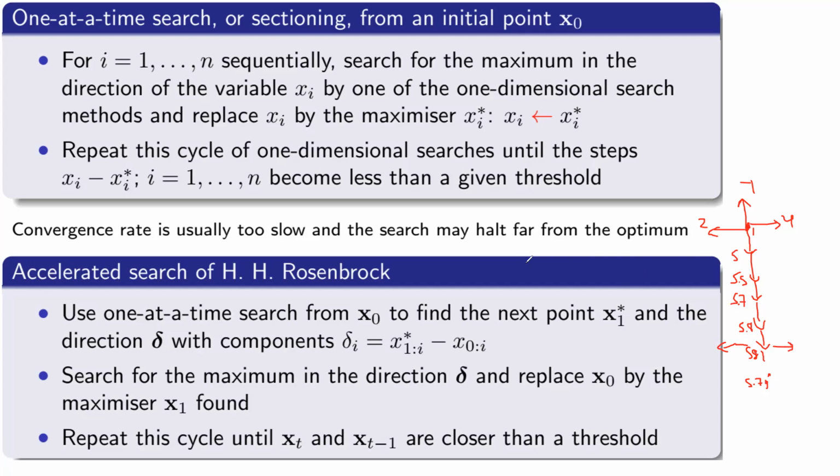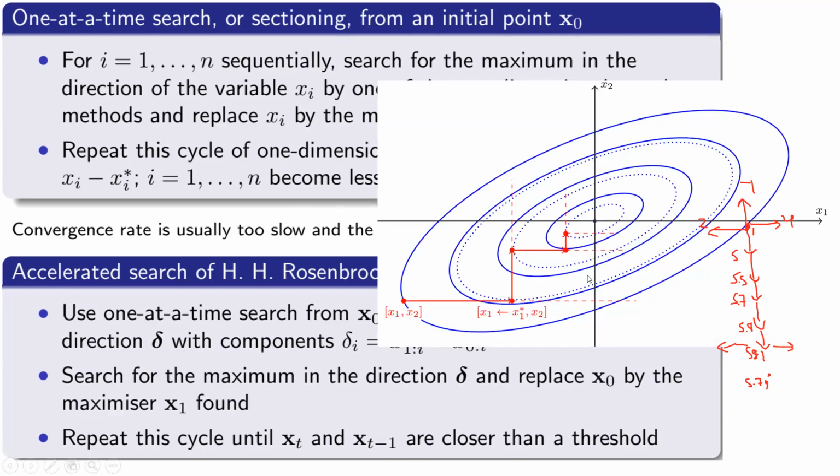And only once it stops, we change the direction. So the method looks like that. We try to improve in one direction. Once it stops, we move another direction. Once it stops improving, we move further and so on. So this is a way better search because it goes way faster.